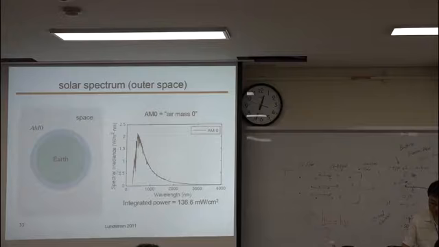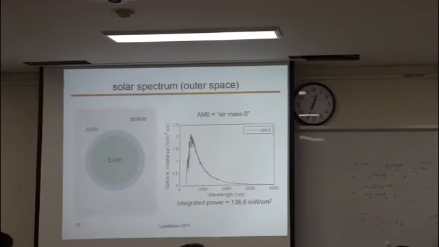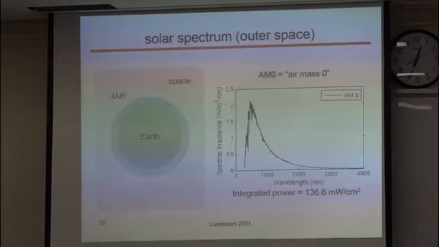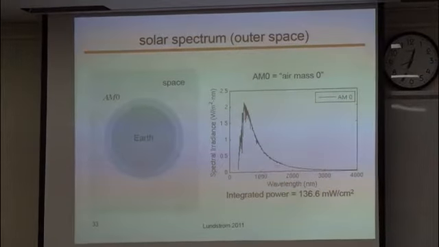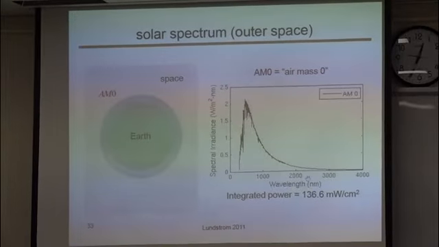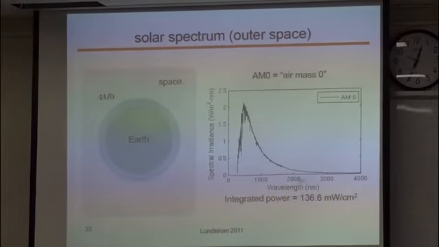This is solar irradiance as a function of the wavelength. There is the visible light between 400 and 700 nanometers, and lower than 400 we have the ultraviolet, and higher than 700 we have the infrared.